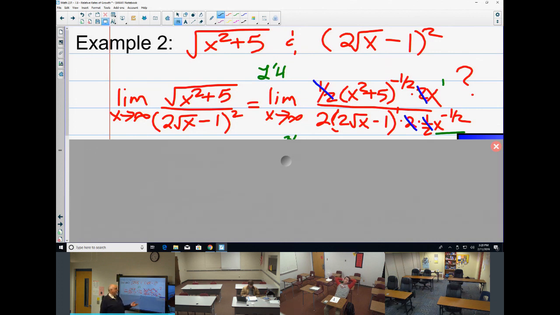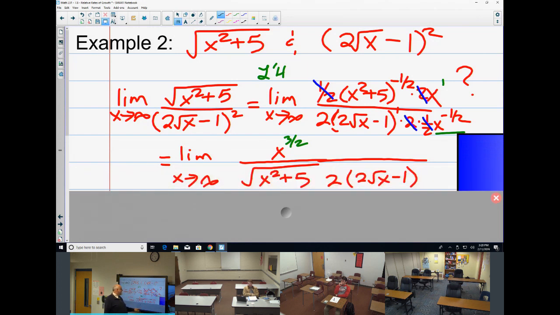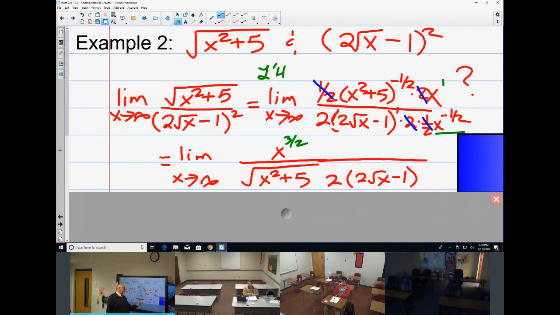The x is going to go up here. This one's going to come down here. You could still work it out, but it's still going to be infinity over infinity. Only now, this one is going to be really tough to take the derivative of.